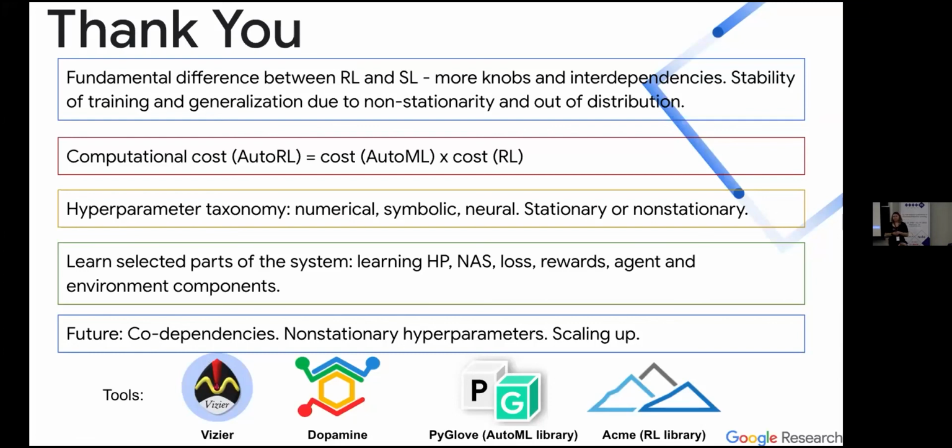So you mentioned several times, and you write it big here, that there is a huge computational cost due to doing the AutoML and then training the RL. But it seems to me that one of the challenges, but also one of the big strengths of RL, is that you do this online.